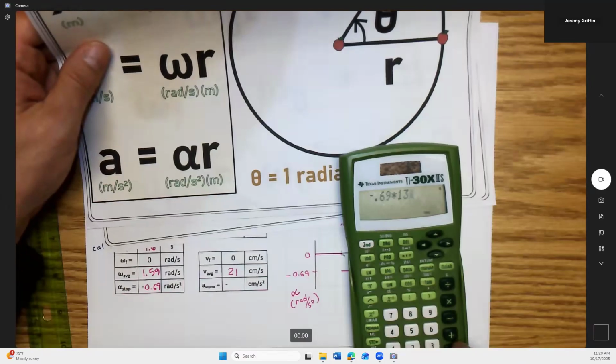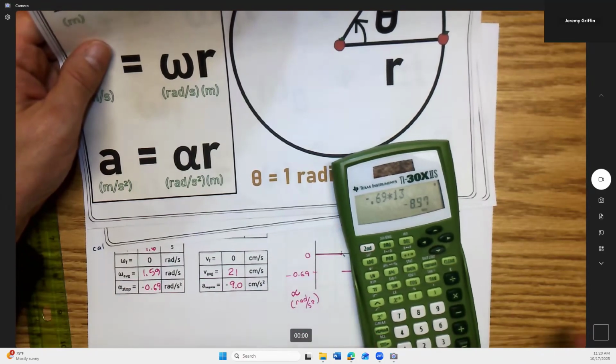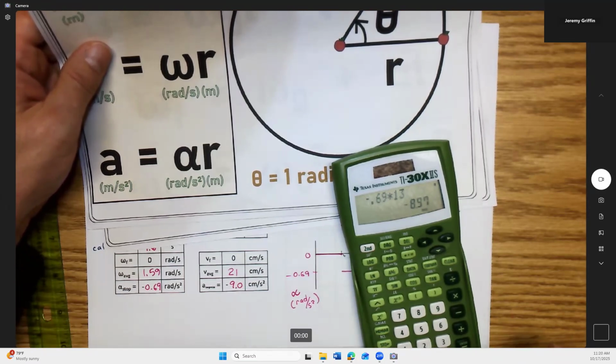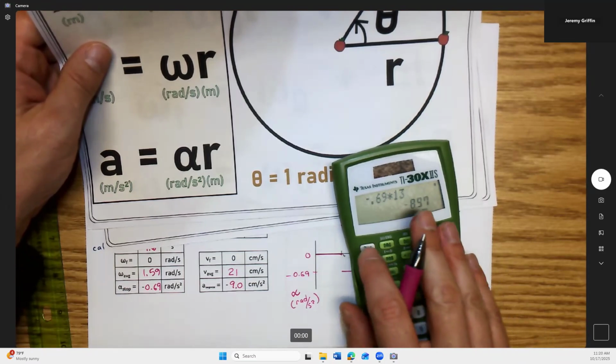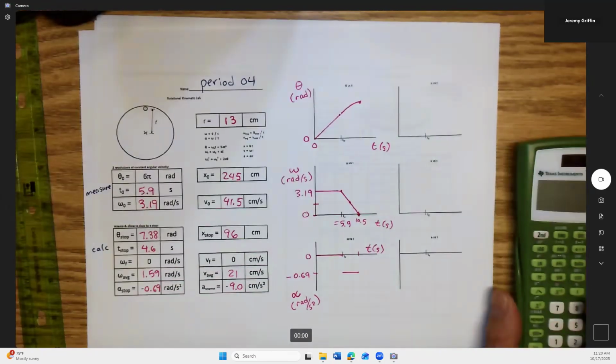Negative 8.79. Well, I'll round that to negative 9.0. It's pretty close. Centimeters per second squared. All right, that all good?